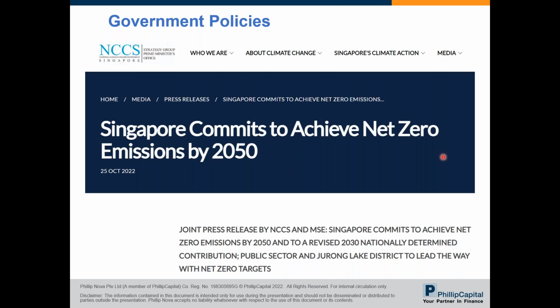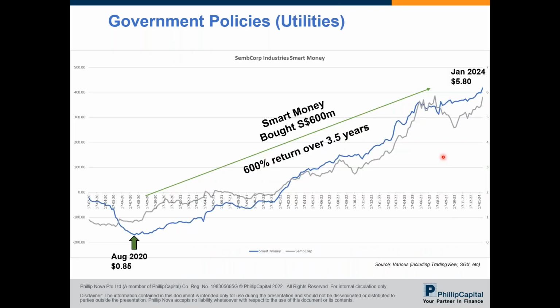Even if they do not want to do it, they will have to do it because that's the government's policy, or they may be fined, or they may have their business license revoked if they do not achieve certain standards. So this policy will then drive up the investment in certain sectors, which then causes the stock prices to benefit as well.